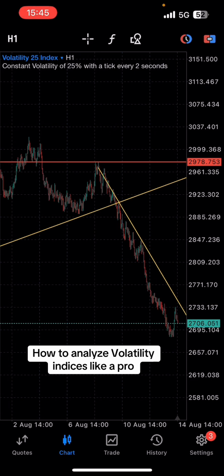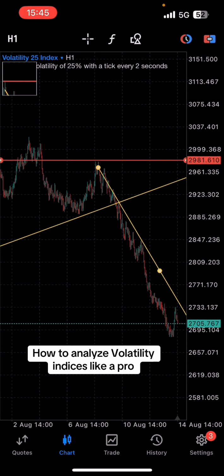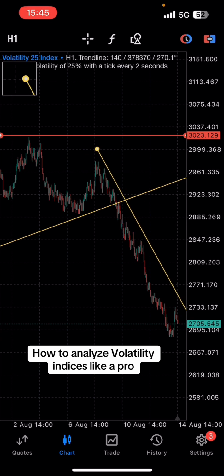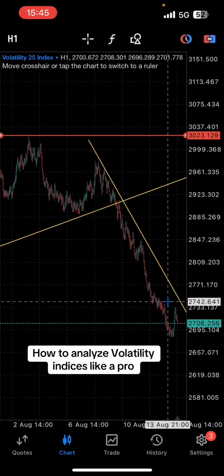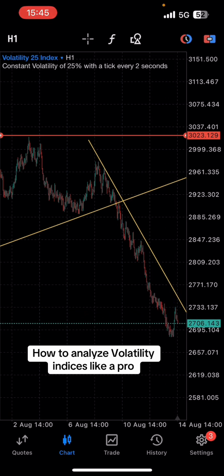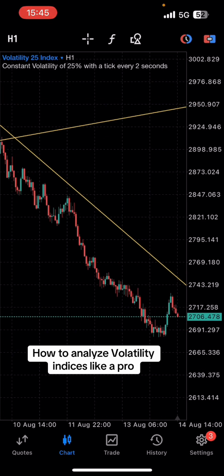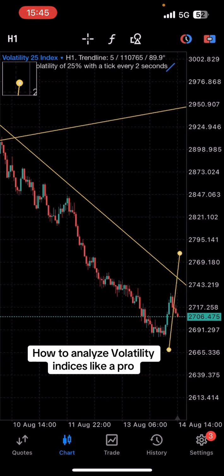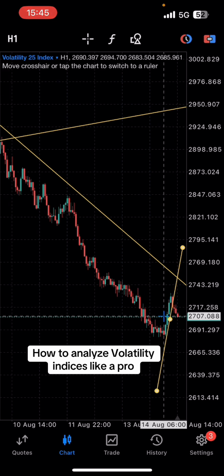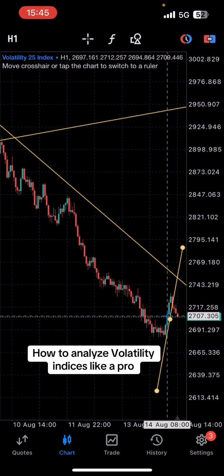All right, so let the market approach your trend line. When the market approaches this trend line, you will now do what I call a counter trend line. So when the market approaches that trend line, you are going to draw something like this, because there was a short movement.